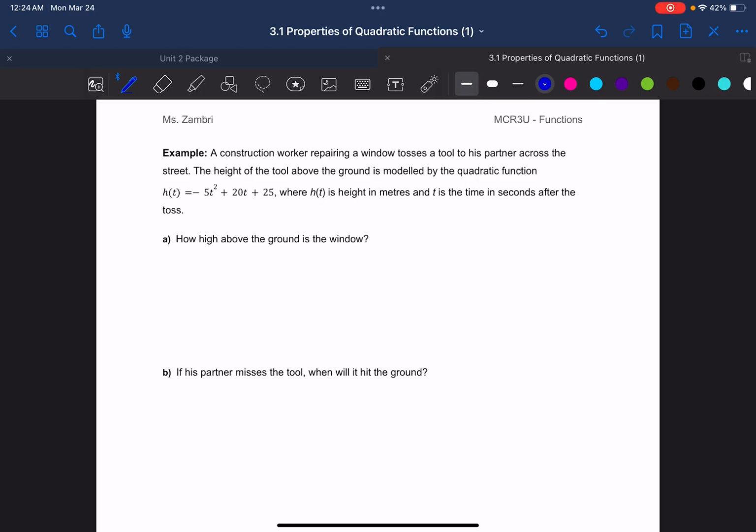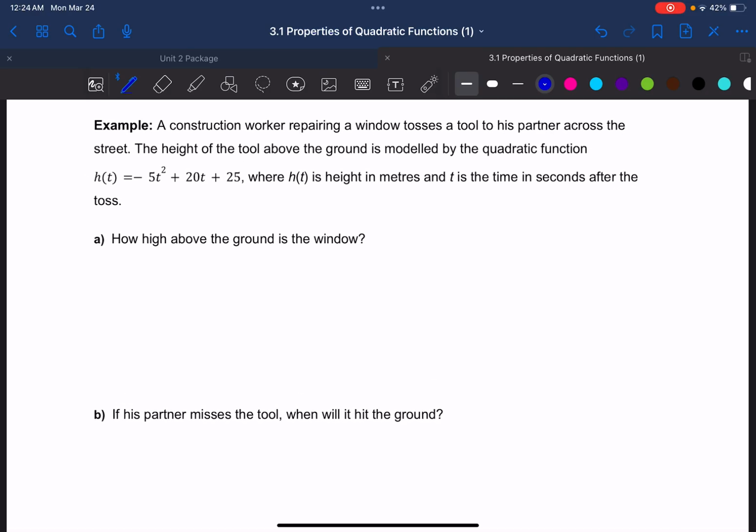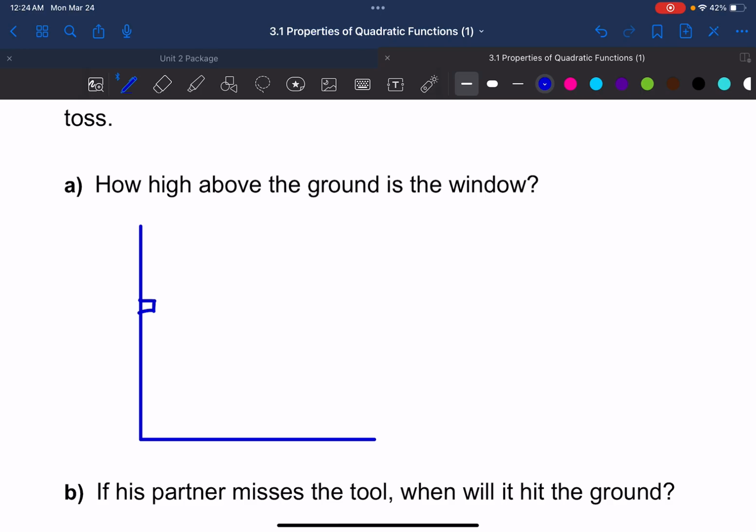The height of the tool above the ground is modeled by a quadratic function, where this is modeling its height, and t is the time in seconds after its toss. And it wants to know how high above the ground the window is, I should say. So if I even had to sketch this as a real life scenario, right? Here's your windowsill, I'll imagine.